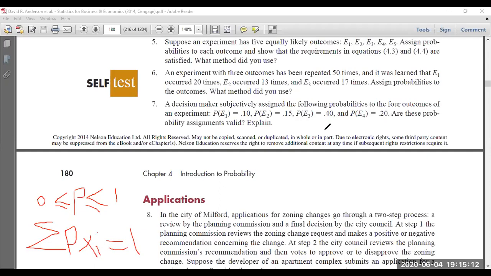So they're not valid, because there's another probability missing here. There has to be a probability of E5, something which is missing. The individual values are valid, but one of the outcomes or events is missing here.